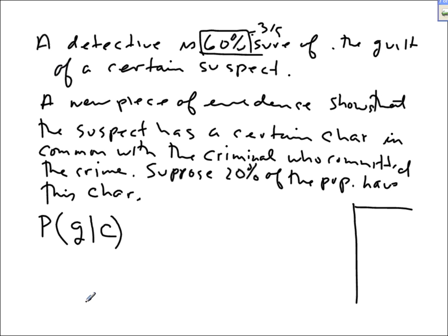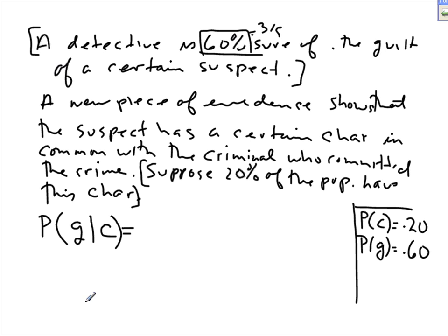What I just wrote down, this is what they're asking. Well, the probability that you have the characteristic is 20%. That's this line. The probability of guilt is 60% initially.